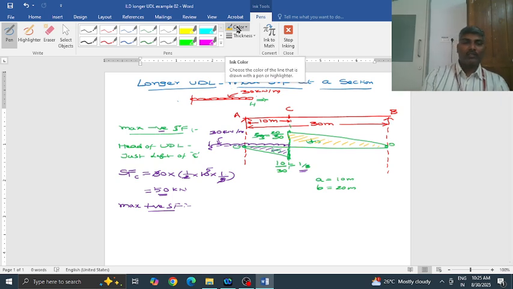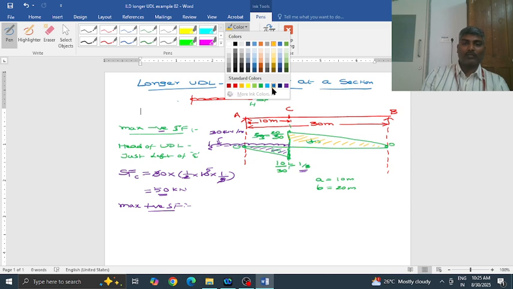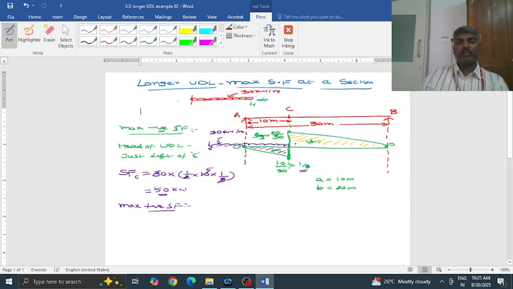How do you place the load? That is the next thing to do. Now your UDL shall pass through like this and it has to move further, and the tail portion has to come here. This is the tail portion.